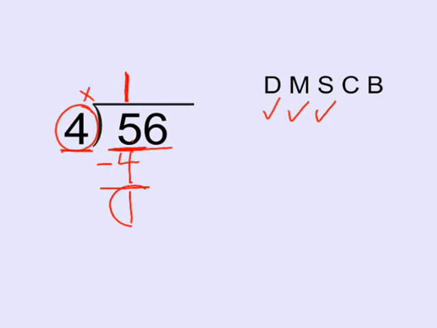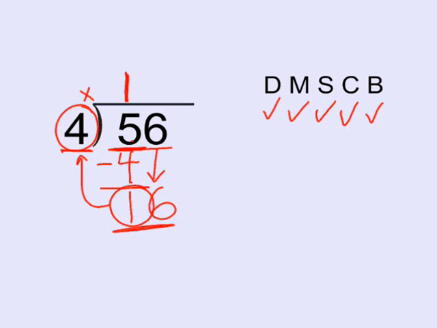Whenever I have an answer to a subtraction problem, I should always check to make sure that my answer is less than my divisor. So is 1 less than 4? It is, so I can check it off and move on. I have to bring down. I will bring down one number at a time. So 6 now comes down and makes my new number 16.